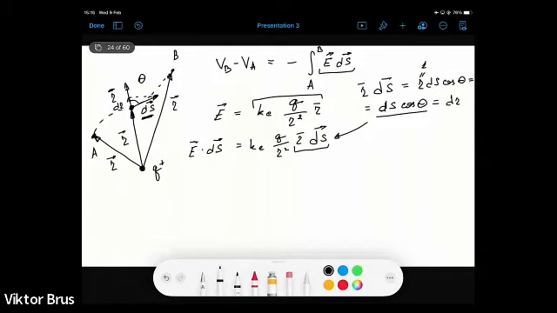So our expression for the dot product of electric field and displacement vectors, taking all this into consideration, will be given as the electric constant KE times Q divided by R square, and instead of the scalar product of R unit vector times ds vector, we can now put just dr. So that will be dr.